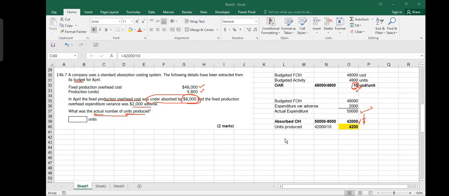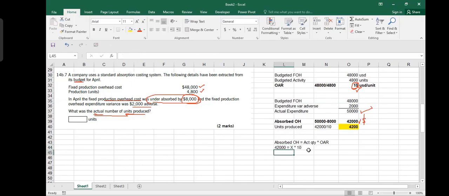You should remember the absorbed overhead formula. Absorbed overhead is equal to actual quantity multiplied by the rate. I can calculate my absorbed overheads: 42,000 is equal to actual quantity, which I do not know, X, multiplied by 10.